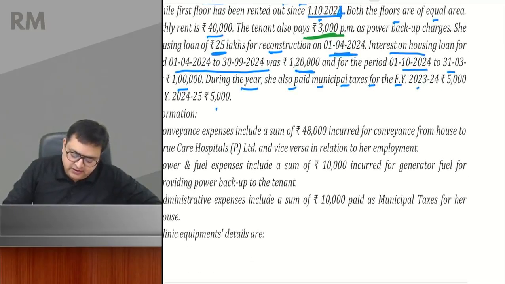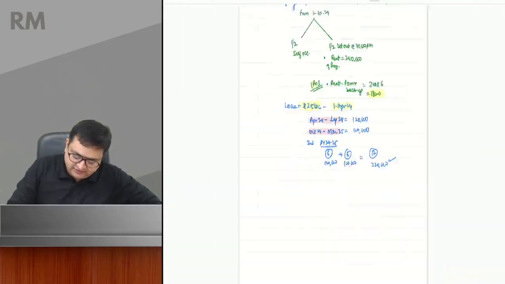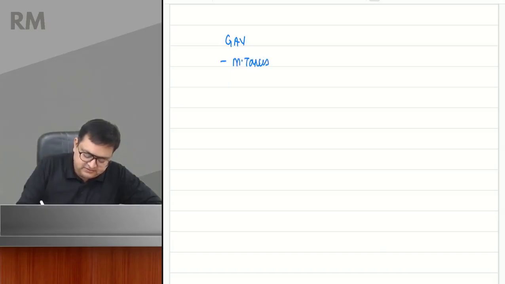Last point. During the year, before I tell you the last point, let us calculate the house property income, because many things can be cleared from there itself. See, how is house property income computed? We have a fixed formula. One is called GAV minus municipal taxes. Then we have NAV.